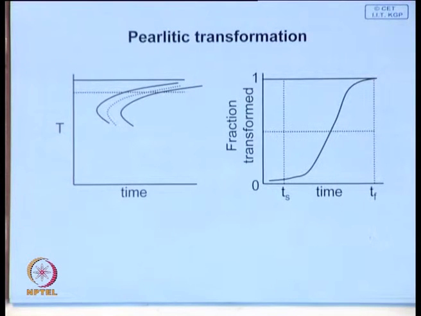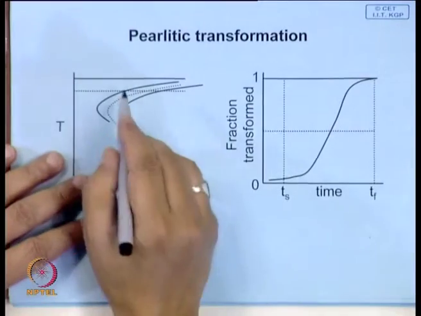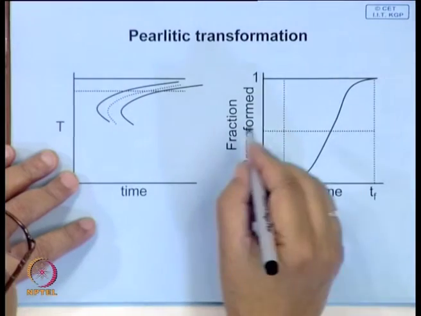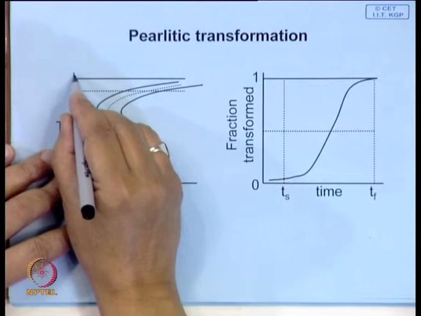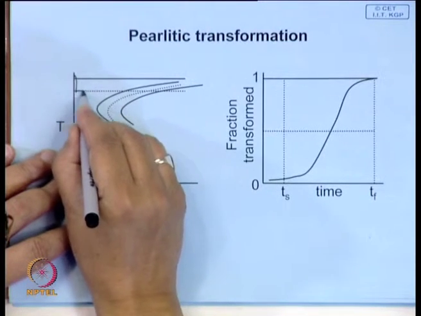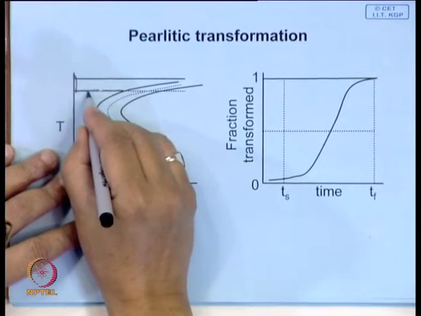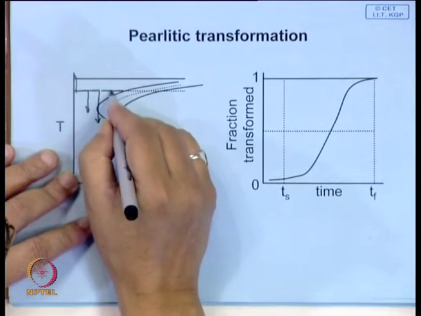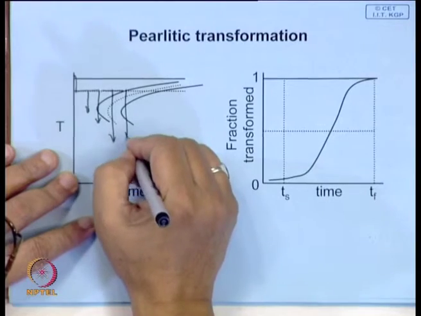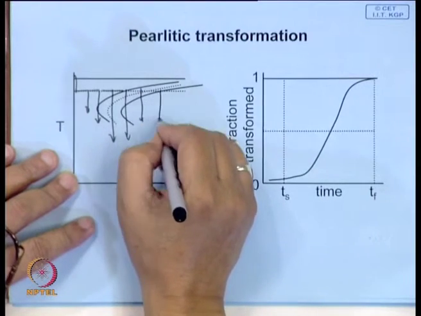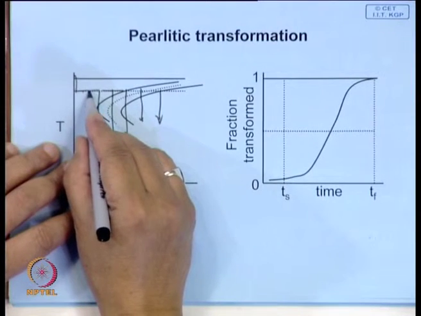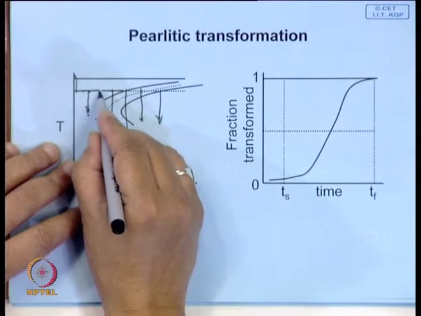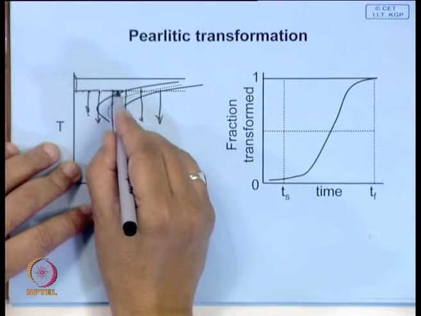Now, let us look at that pearlitic transformation in a little more detail. Say here, look at this, and if you plot this as was mentioned earlier, that you have quenched it here, then you hold it, you cool some of these, quench from here, here, here, and maybe if you look at that microstructure, you will find that in this particular case, this will be 100% martensite, here 100% martensite, 100% martensite.